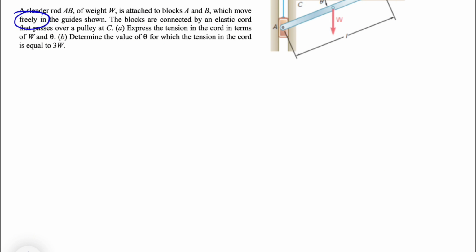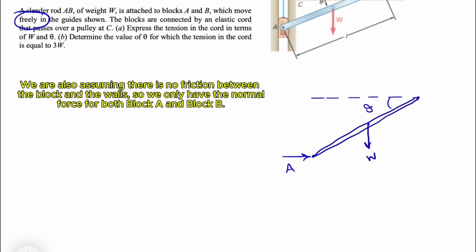So as always, we're going to start with the free body diagram. We have this slender rod AB here. We have the weight, and we know this is going to make an angle theta. And we need to consider the reaction at A and B. Let's consider the reaction at point A in this direction. We're just going to assume for now and see what happens.